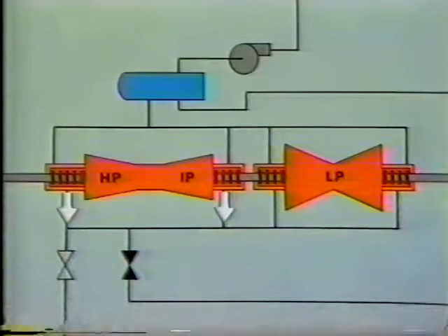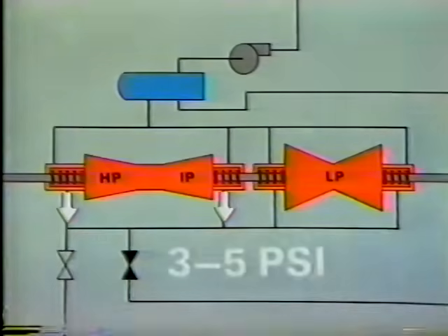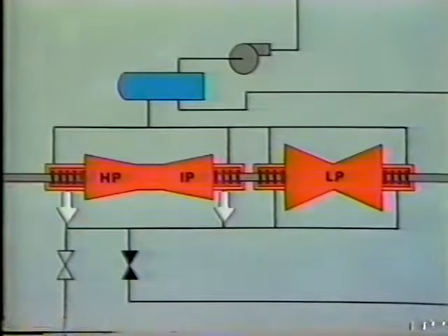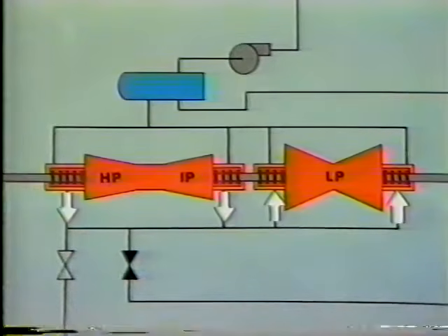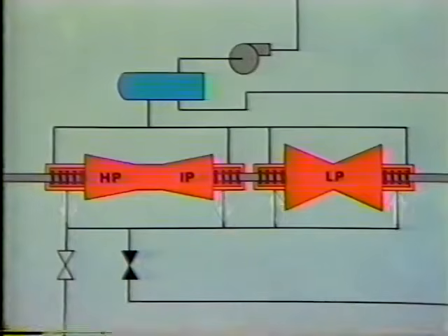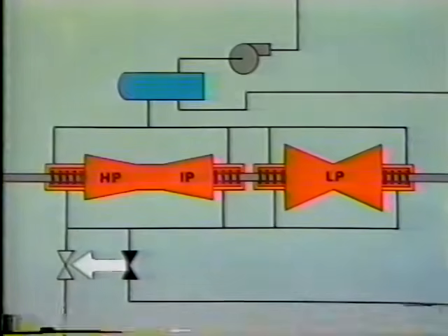Steam flow into the supply header from the HP and IP sections eventually provides enough steam to maintain the pressure in the header at 3 to 5 psi without an external source of steam. At this point, the HP and IP sections are supplying the low-pressure seals, and the turbine is said to be self-sealing. The system is no longer dependent on an external source of steam, so the steam supply control valve closes.